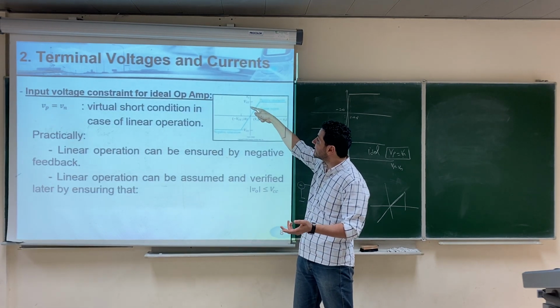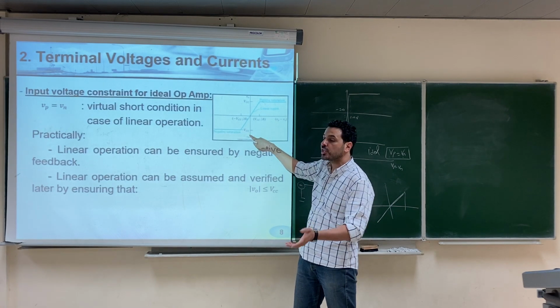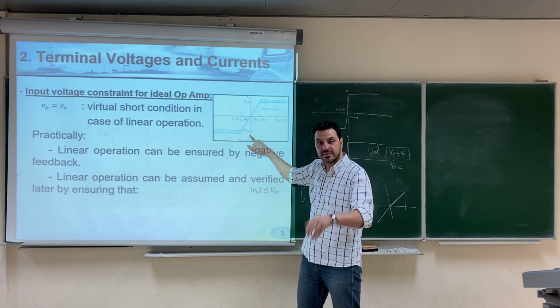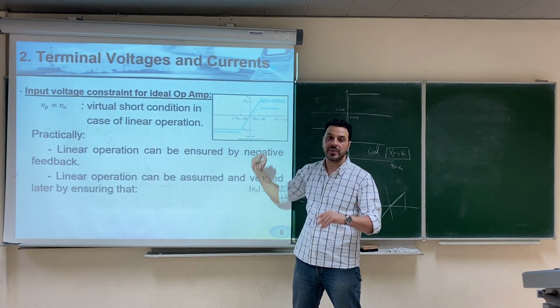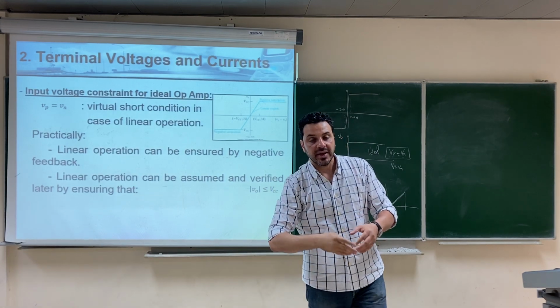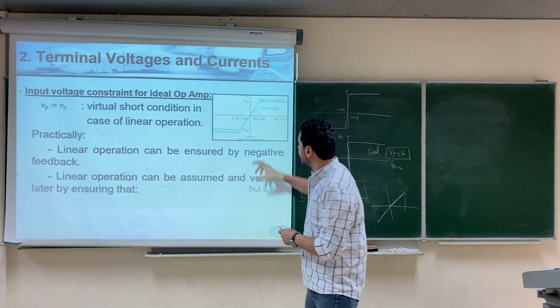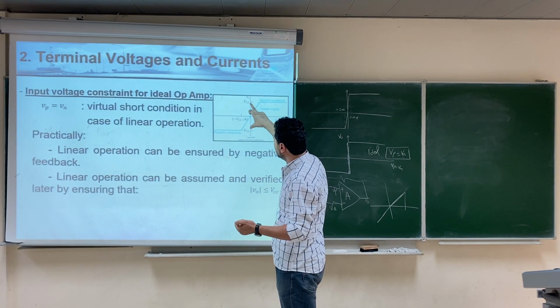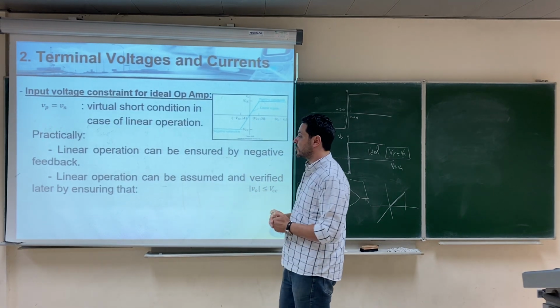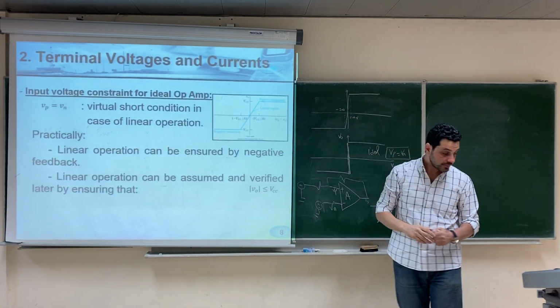If you find that the output is lower than negative VCC, this means that your assumption is wrong and the op-amp will saturate. So we assume and we check at the end. If the output is between the allowable range, then your assumption is correct and there is no problem.